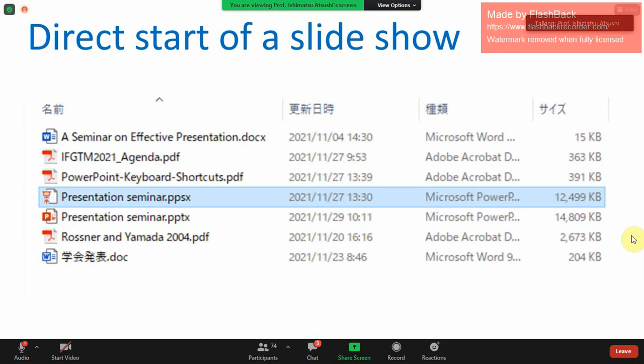But if you save your file as PPSX, not PPTX, when you click it, the presentation starts directly. So you may be able to save time. This may be useful when you have many presentation files on one computer, like in a workshop or symposium, so that you can save some time.